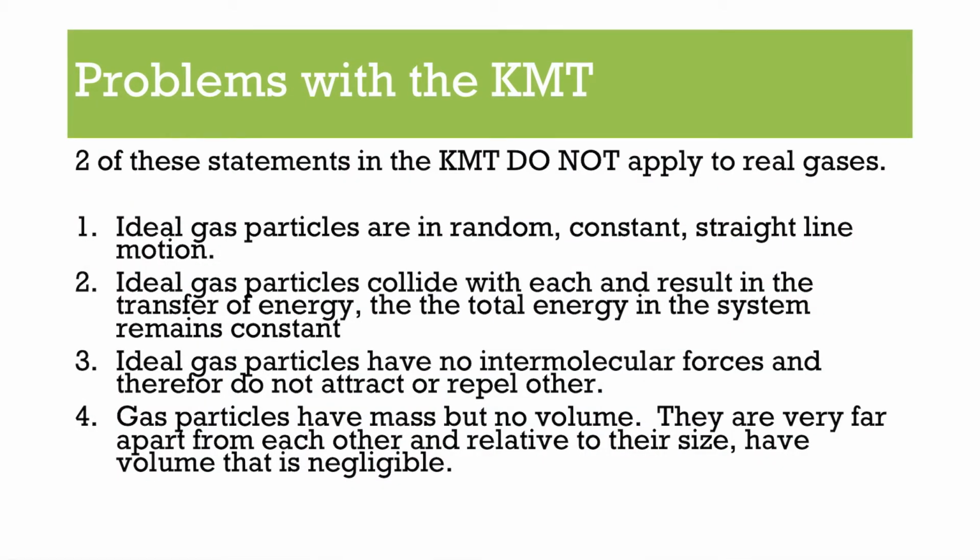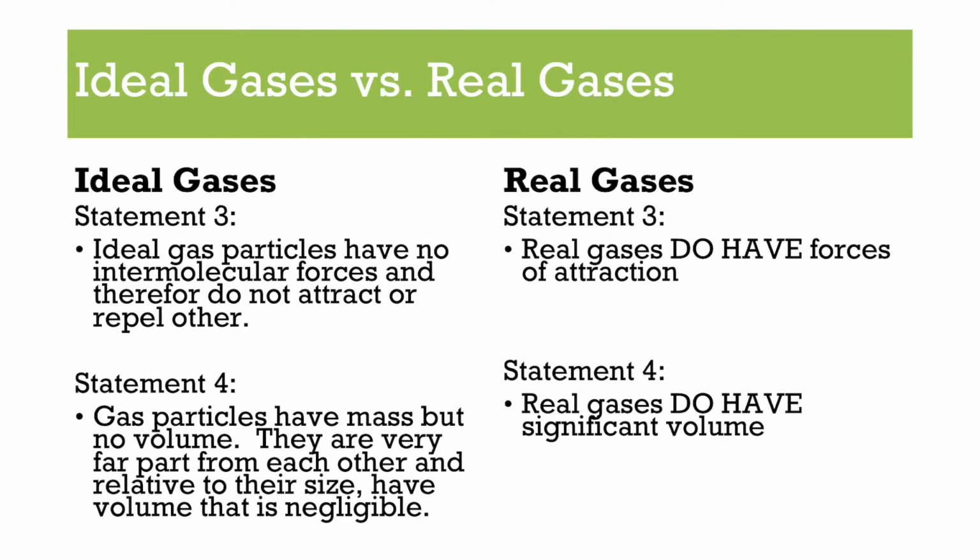Now, here again are the 4 statements. There are 2 that are not quite right, or 2 that don't apply to real gases. So which 2 do you think don't make much sense based on what you know about gases and what you know about chemistry? Our problems are with statement 3 and statement 4.